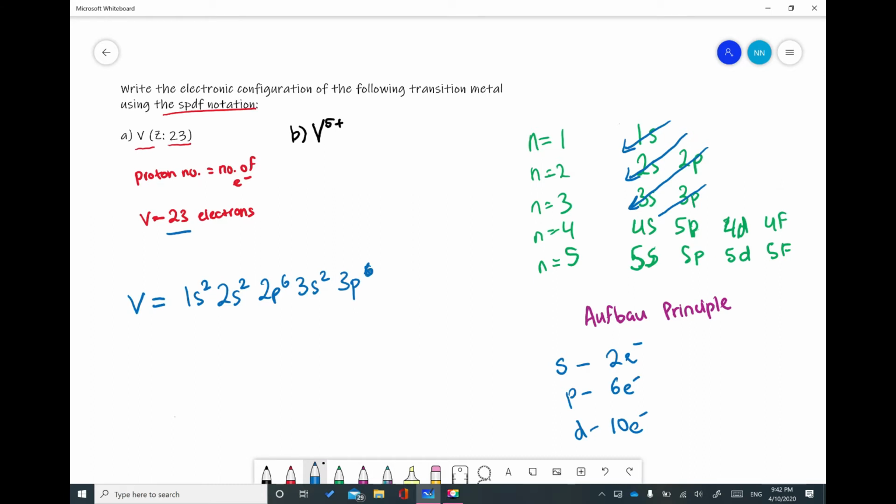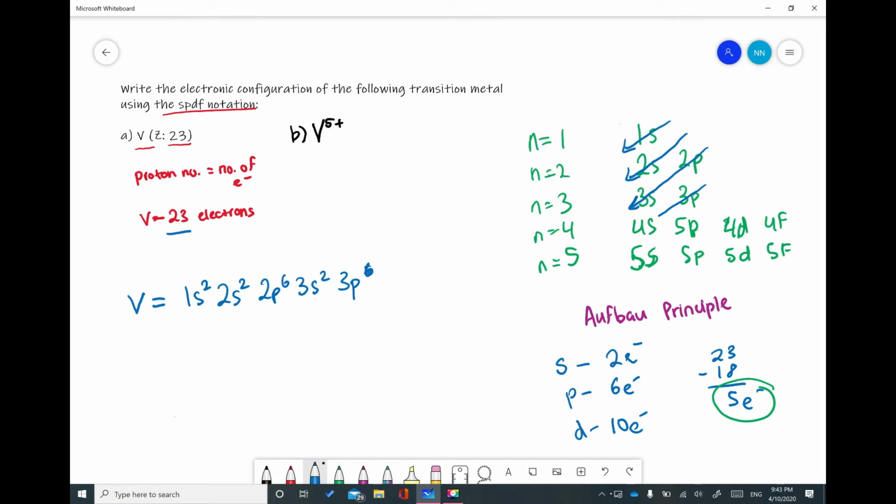You can stop there and calculate how many electrons you have already distributed, and subtract that from the total so you know how many remain. That is 2, 4, 6, 8, 18 electrons. So 23 minus 18 gives 5. You have 5 more electrons to fill in.